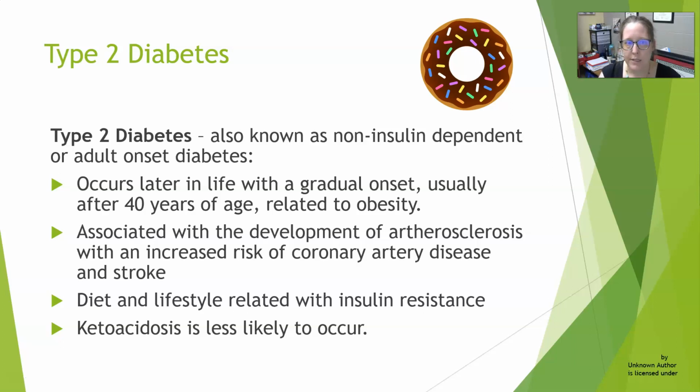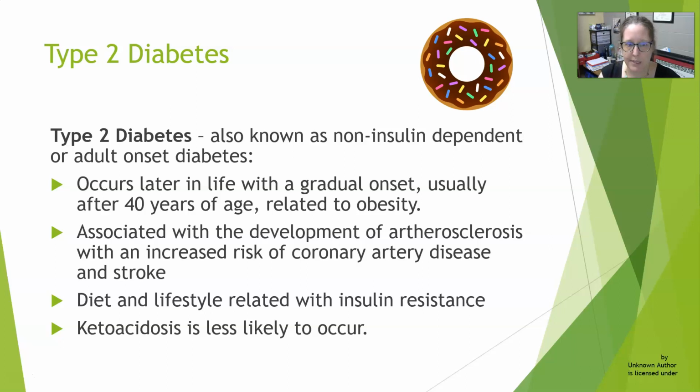Sadly, we see children and teenagers with type 2 diabetes now, because of really poor diet, heavily processed foods, lots of sugar, lots of sodas. Again, it used to not be seen until after the age of 40 or even 60.